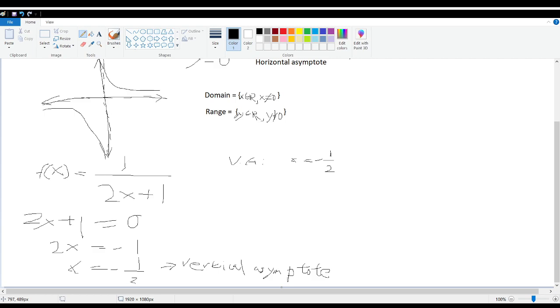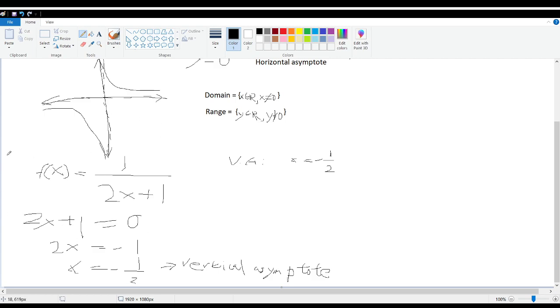However, if the degree is the same on both the numerator and the denominator, then you just divide the multiplier on each side. So you divide the multiplier on the numerator by the one in the denominator. I'll demonstrate this later on.